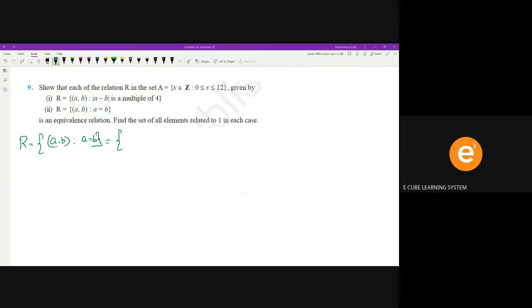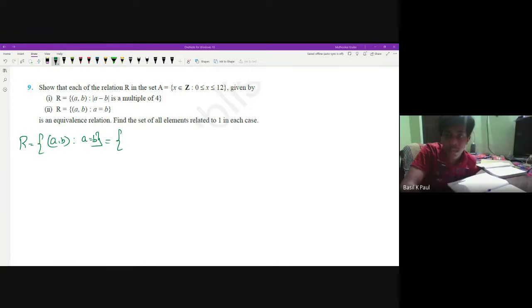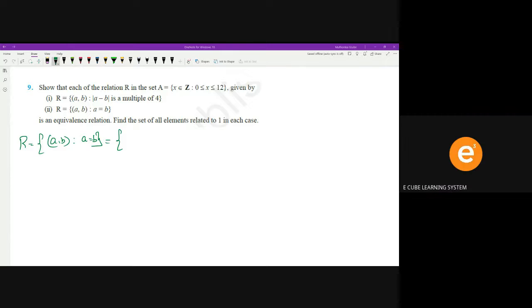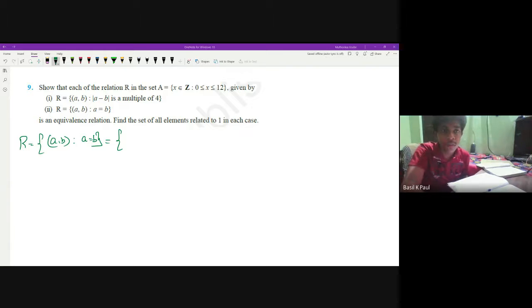If completed, you can move to question number 10. Basically, in roster form, the set will be... A equal to B, so (A, A) belongs to R.